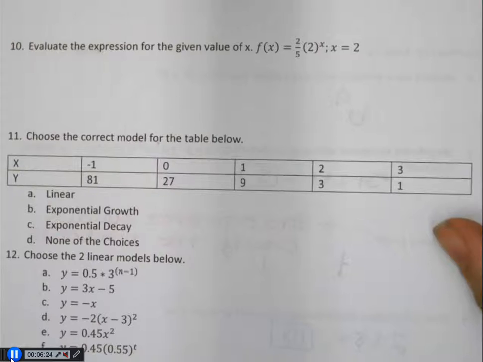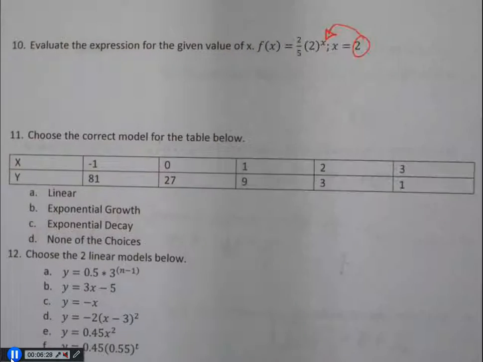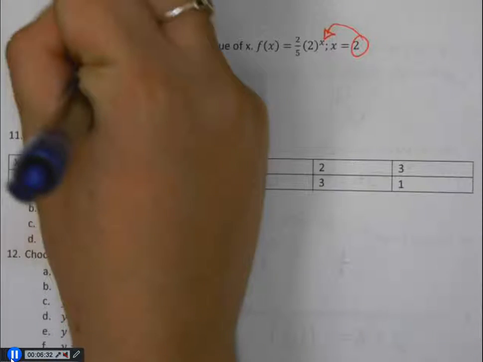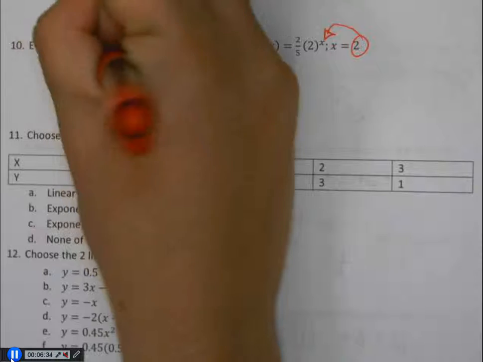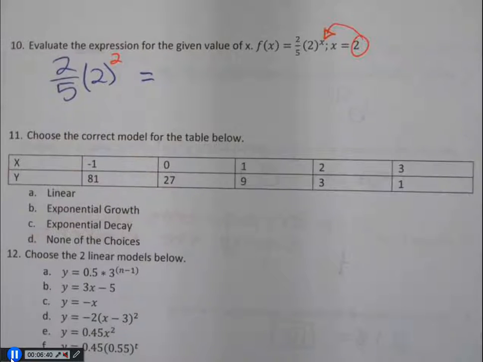Okay, number 10 works the same way. It wants me to evaluate the expression, so I'm going to take this 2 and plug in over here. So I have 2/5 times 2 to the 2 power. 2 squared is 4.